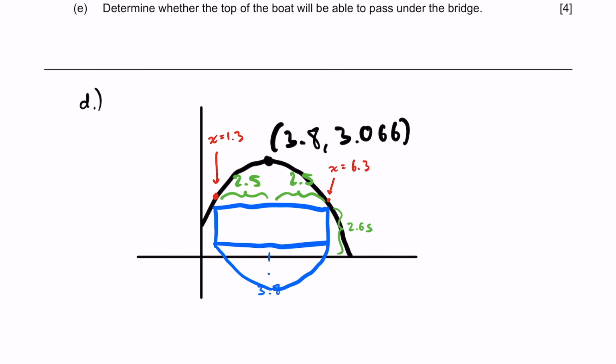So going back to the document, here's our representation of this arch. When x is equal to 1.3, the corresponding height at this point is equal to, let me see if I can clear this up. Height is only equal to 2.13.